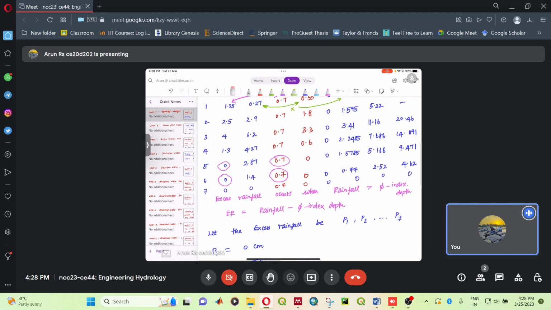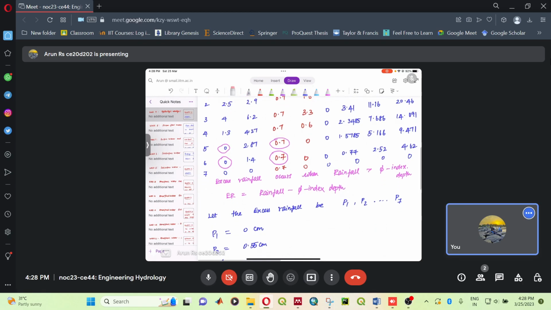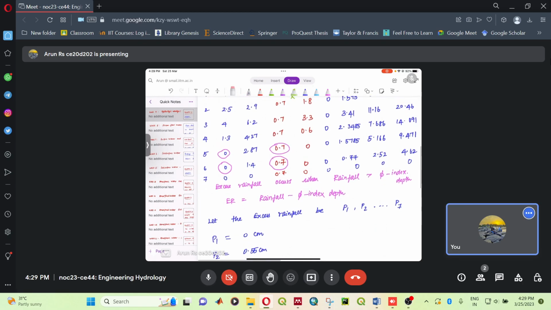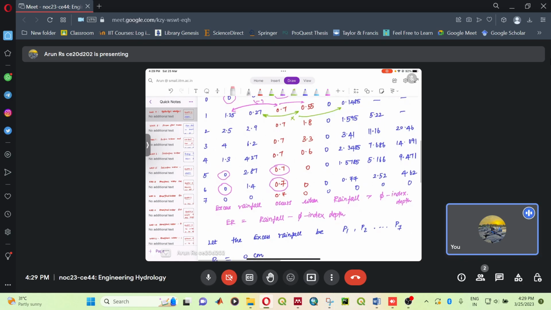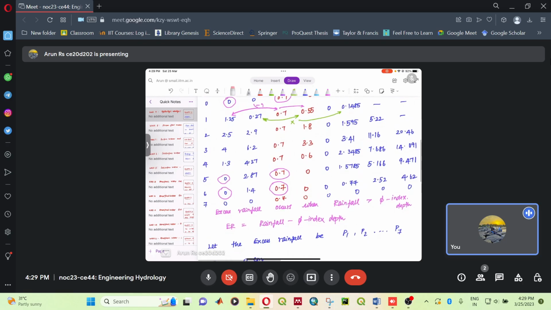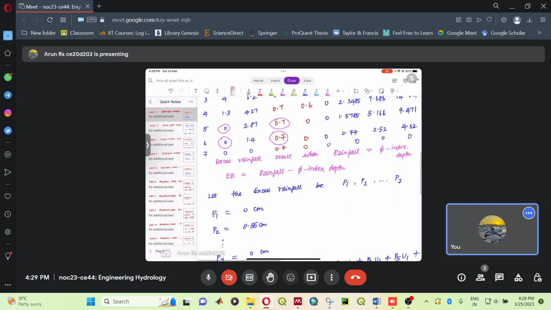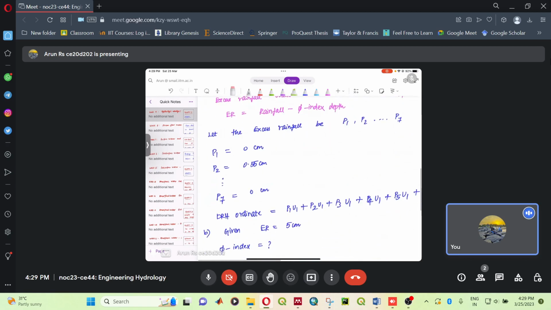So we have the period of rainfall excess because of two blocks.